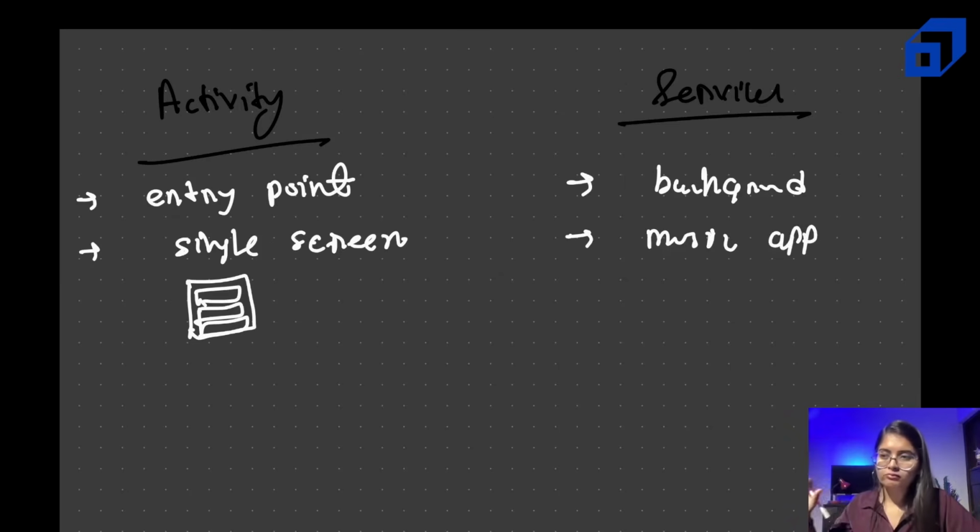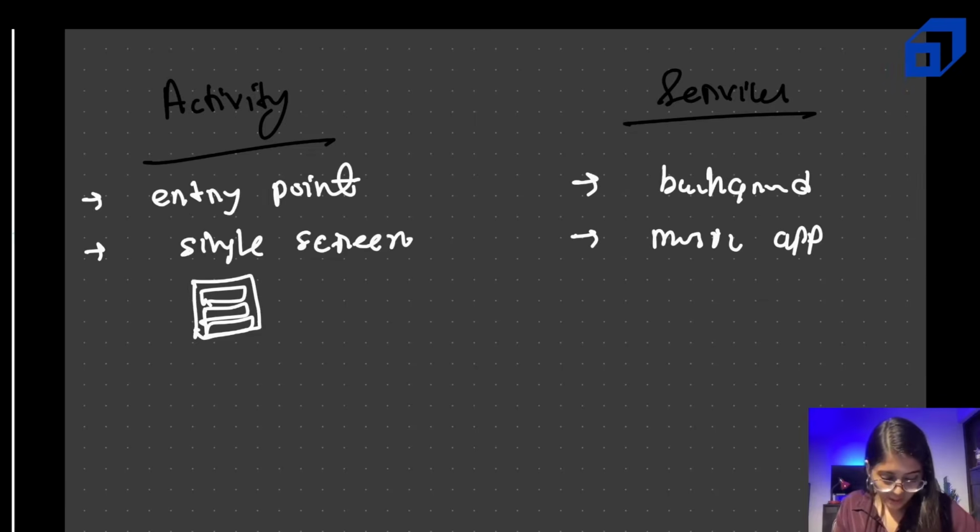You can start the music, run the music, and continue using some other app, continue chatting, sending messages on WhatsApp, etc. So these are made for background. There are multiple things which are supposed to keep running in the background, so services are for that purpose.